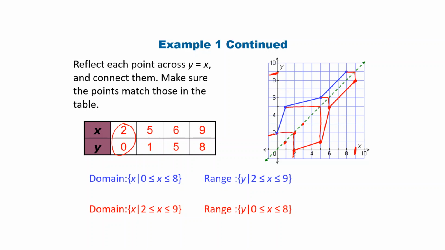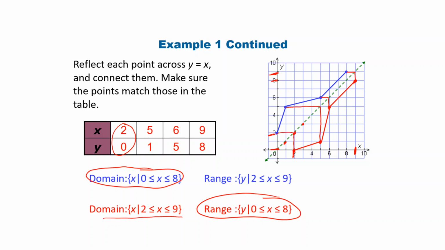And our range, which is our y's, starts at 0 and goes up to 8. So as you can see, the domain becomes the range on our inverse function, and the domain on our inverse function is the same as the range on our original function.